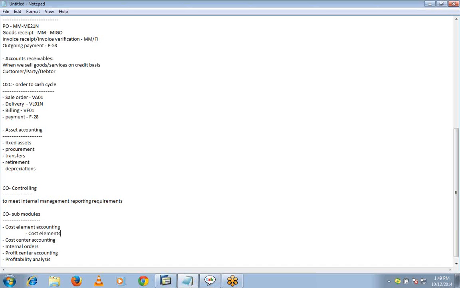Same way, whatever transactions you capture in the FI module, those transactions should get updated in the controlling module also. Otherwise, you don't get the report. For that reason, whatever GL account you create on the FI side, the same GL accounts would be created in CO as well.